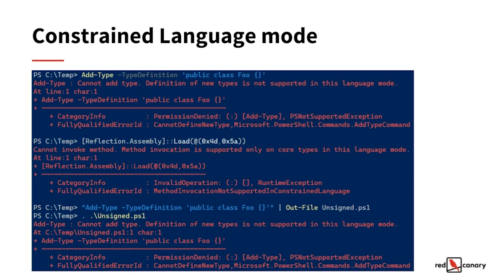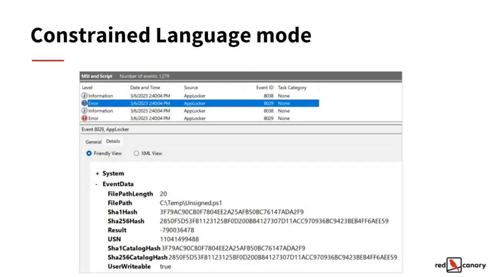Another benefit that you get when you enable AppLocker or Windows Defender Application Control is that any scripts or modules that are loaded will be logged in the AppLocker MSI and Script event log. And yes, I said that correctly regarding WDAC, so Windows Defender Application Control.